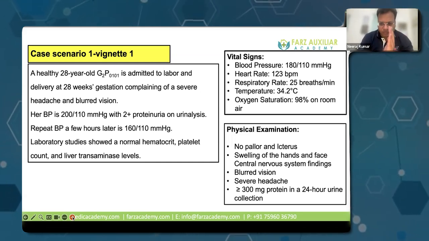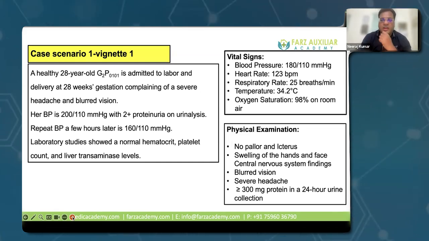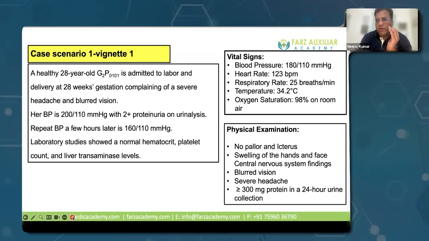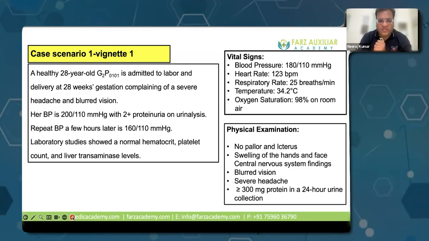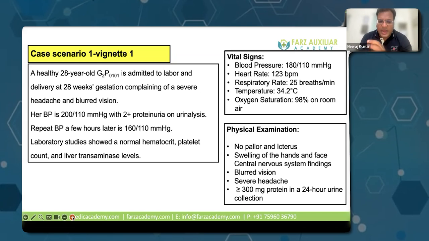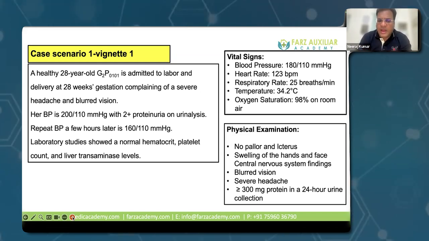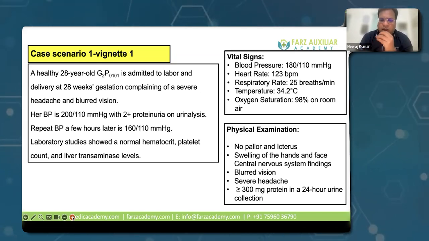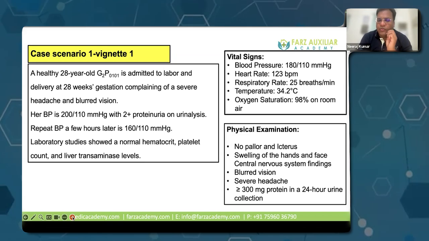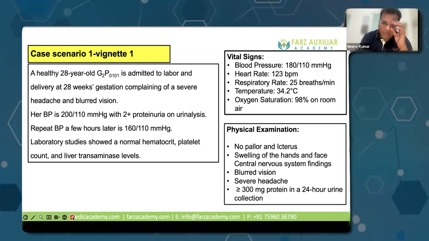The lab values showed a normal hematocrit, a normal platelet count and normal liver enzyme levels.